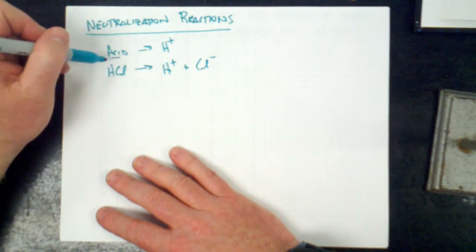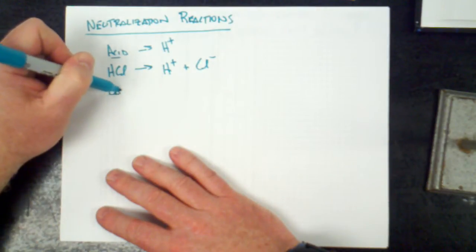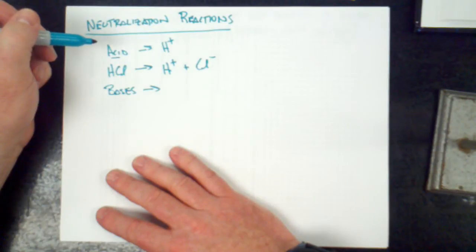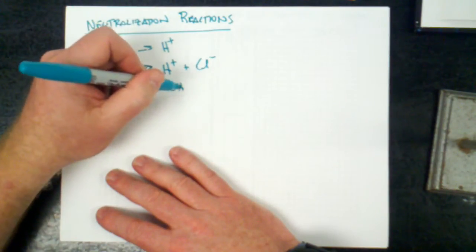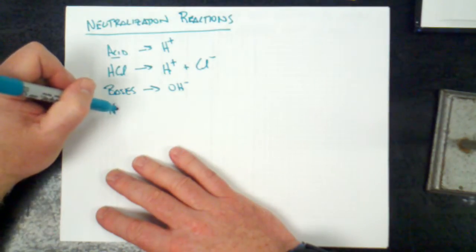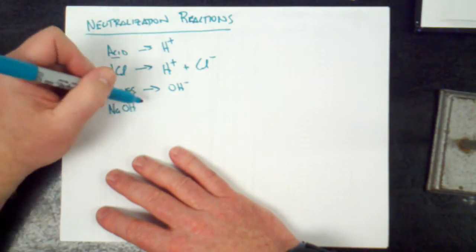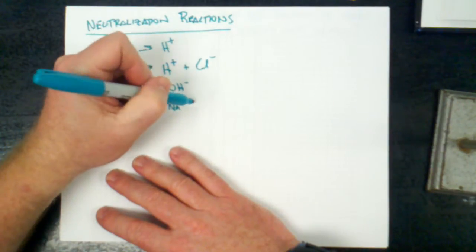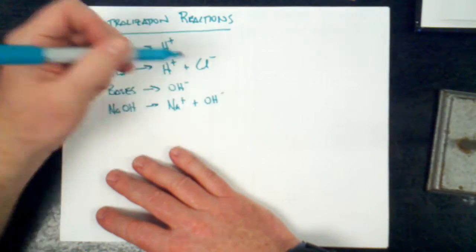You may also recall that bases dissociate to produce hydroxide ions. So strong bases like sodium hydroxide break up into sodium ions and hydroxide ions.